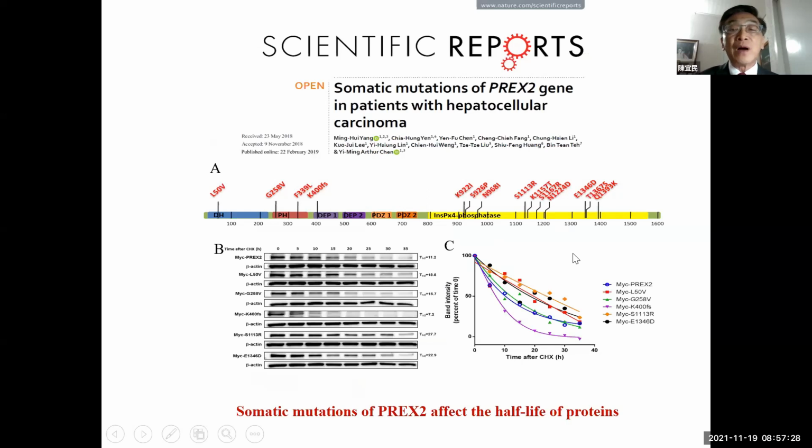Besides that, we found that in about 23% of Taiwanese liver cancer patients, the PREX2 gene has somatic mutations. These are the hotspot amino acid mutation sites in different patients, and all these mutations cause a decrease in the half-life of the PREX2 protein.